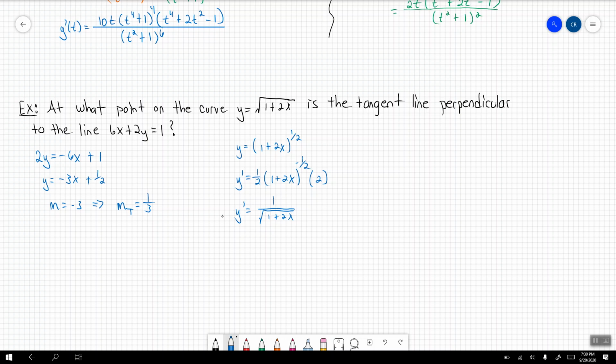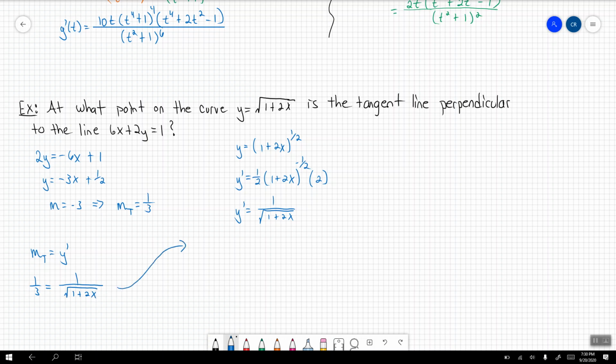So if I set these two equal to one another, then I'm setting the slope of the tangent line in general equal to one specific value, which is 1/3. So I'm taking the slope of the tangent line and equating it to y prime, which means we get that 1/3 is equal to 1 divided by the square root of 1 plus 2x.